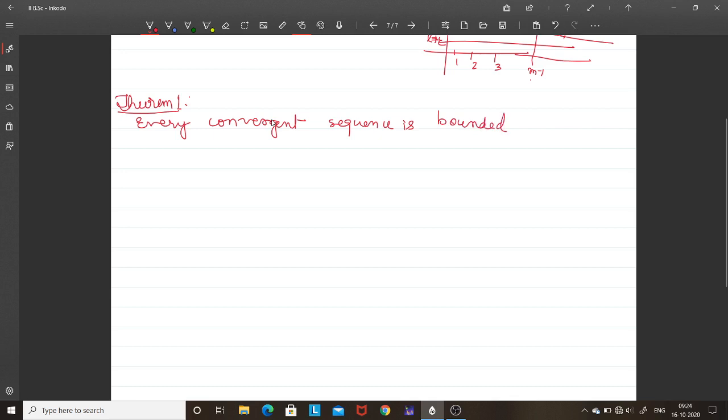We just now came to know the definition of convergent, but we know what it means for a sequence to be bounded. A convergent sequence satisfies mod Sn minus L less than epsilon for all n greater than or equal to m. Let's see the proof.